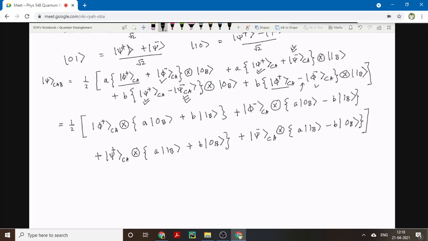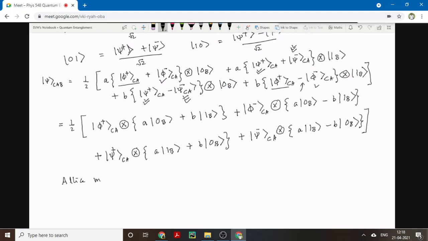So far what I have done is I am only recasting a given 3-qubit state into different forms. Now I have my 3-qubit state as this. Now what happens? Now Alice makes a Bell measurement.